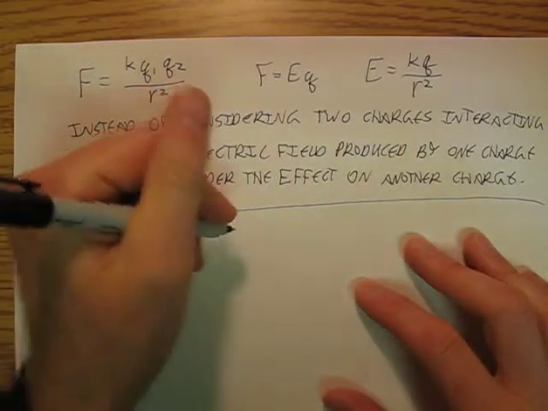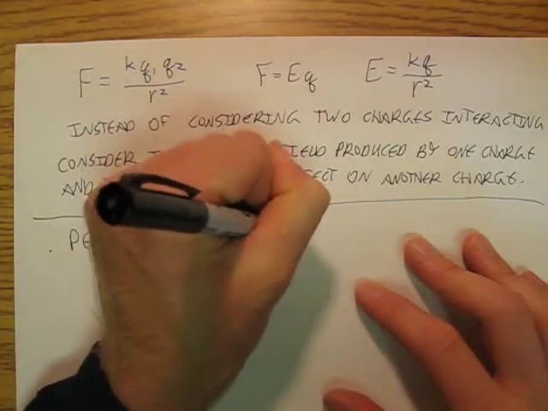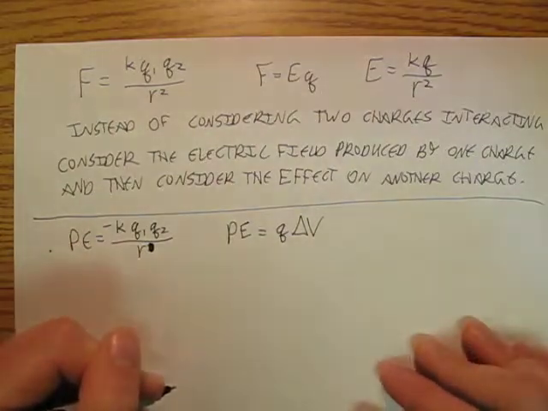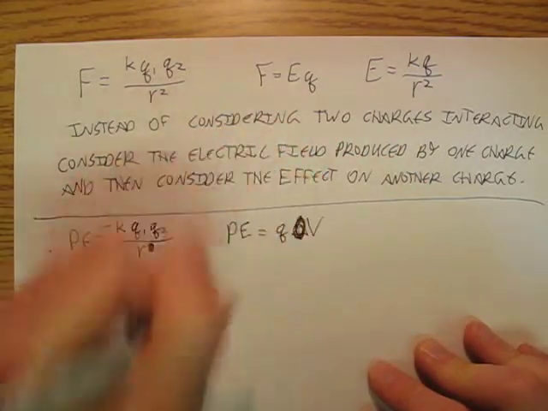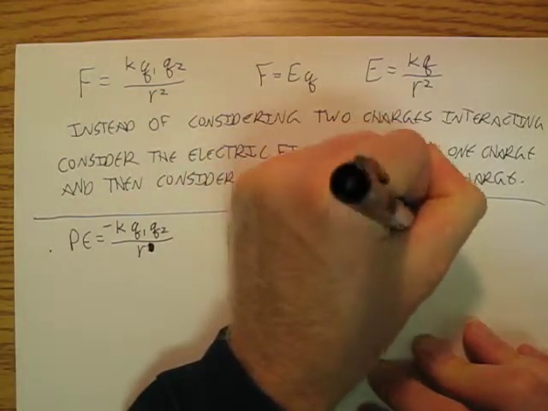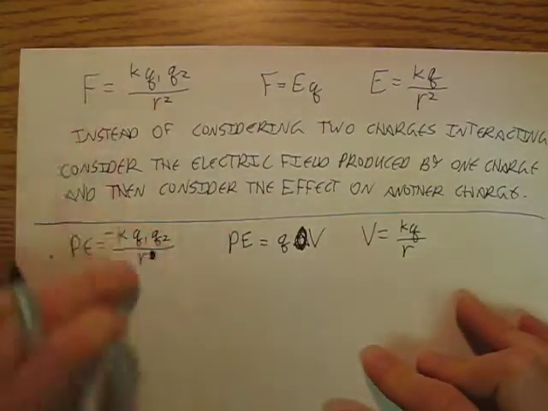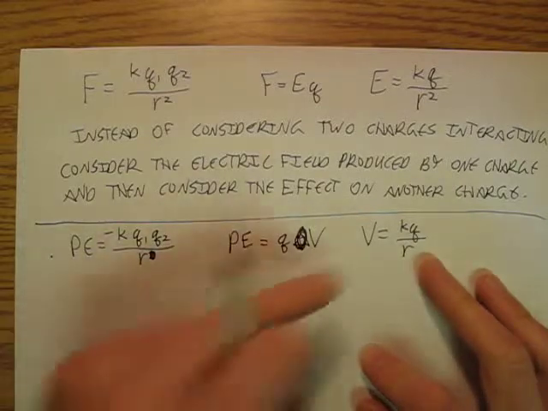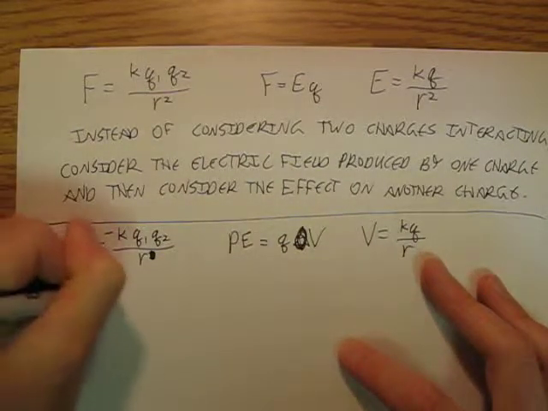And we're going to break that into PE equals Q delta V, and I'm just going to take out the delta, simplifying it down, and V equals KQ over R. So we're doing the exact same thing as up here. And so this V is the voltage.